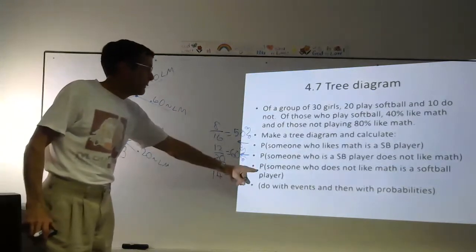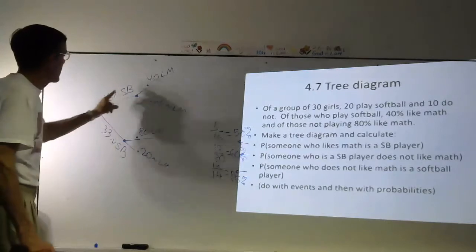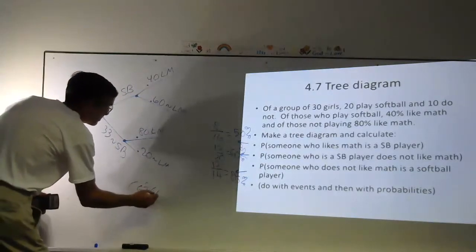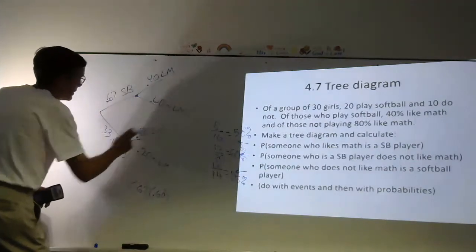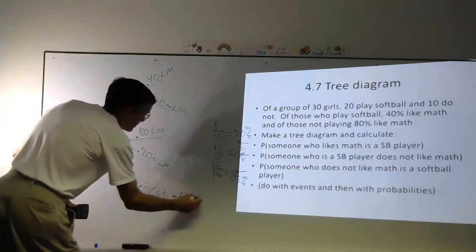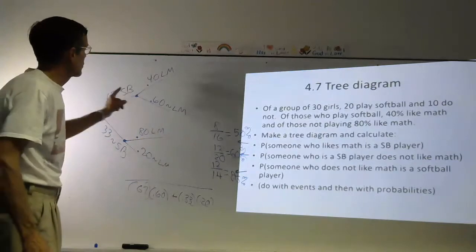This one, the probability that someone who does not like math is a softball player. Who does not like math? It's this branch, 0.67 times 0.60, see it? And down here, plus 0.33 times 0.20, see it? What's the probability that they're a softball player?